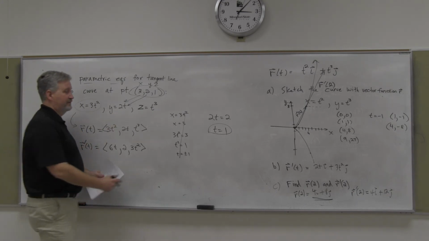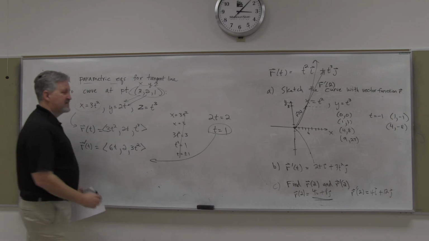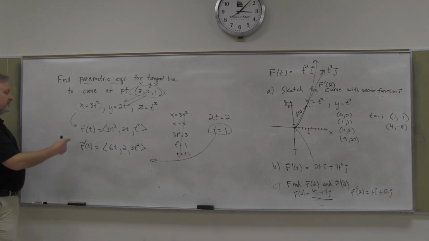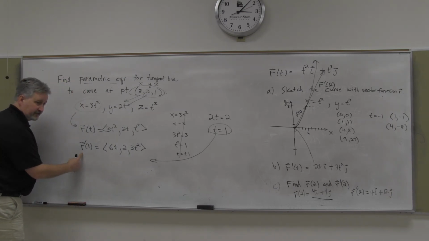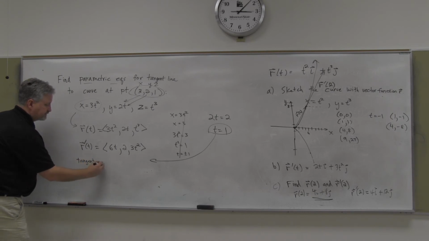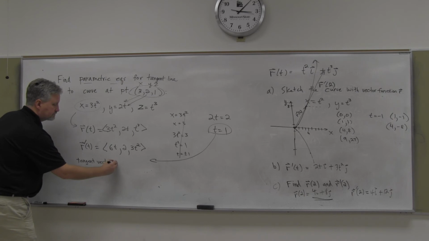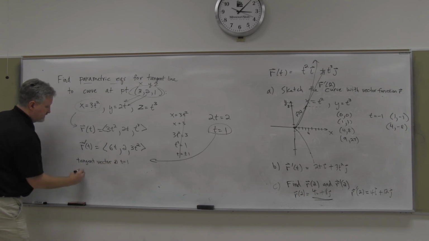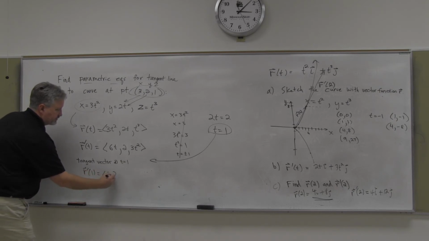The t has to be 1. So my tangent vector at t equals 1 is r prime of 1, which is 6, 2, 3.